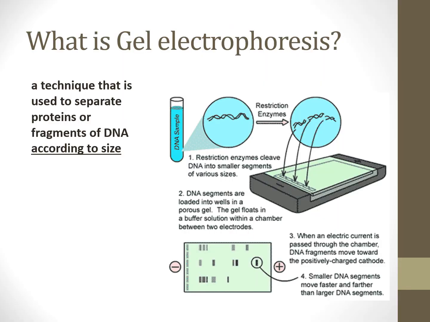So our technique for today is gel electrophoresis, and some of you may have used gel electrophoresis in previous courses and perhaps in Year 10 as well. But gel electrophoresis is a technique used to separate proteins or fragments of DNA according to their size. We can think of the gel in gel electrophoresis as acting a bit like a maze.